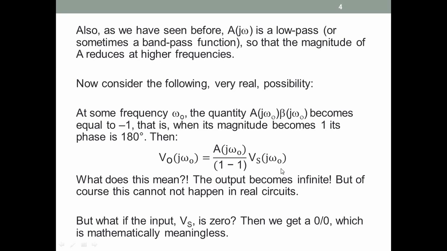But the case that we are interested in is the case where we take this feedback circuit, and we force or design for a condition where A beta becomes equal to minus 1 at some frequency, and we don't apply any input. So Vs is 0, no input. If that is the case, then we get a 0 by 0. Mathematically, of course, this is meaningless, but it turns out that in circuits, this has a very real output.